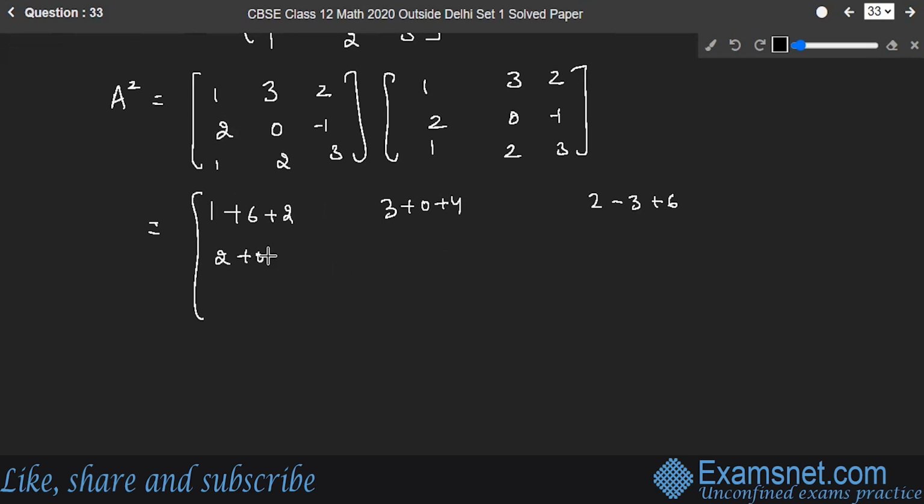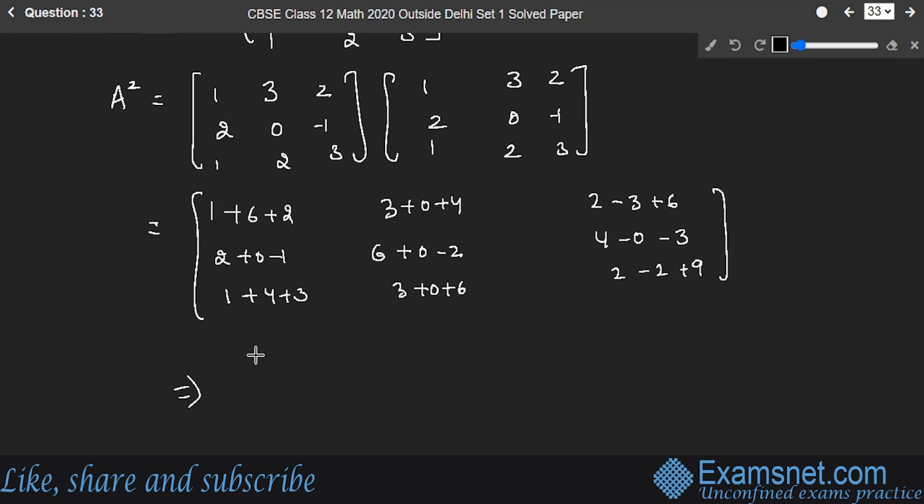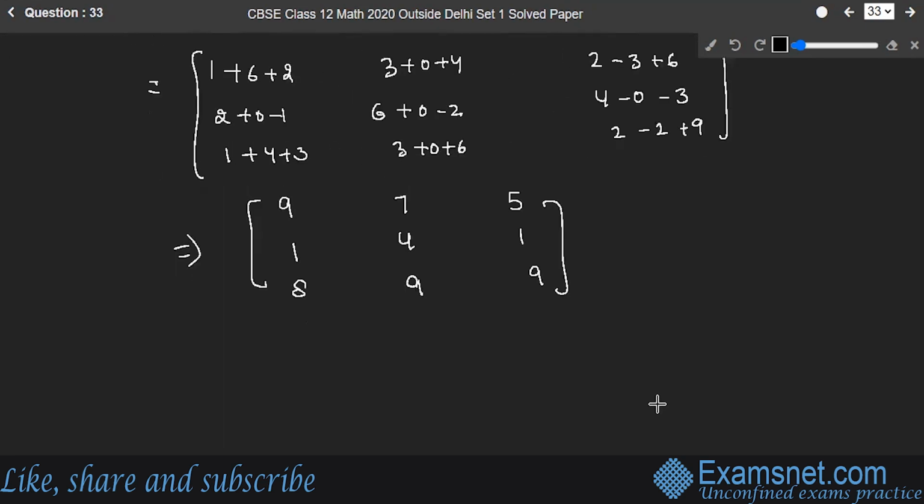Then you have 2 plus 0 minus 1, 6 plus 0 minus 2, 4 plus 0 minus 3, 1 plus 4 plus 3, 3 plus 0 plus 6, 2 minus 2 plus 9. So here you will have the matrix as 9, 7, 5, 1, 4, 1, 8, 9, and 9. This is the A square matrix, right?